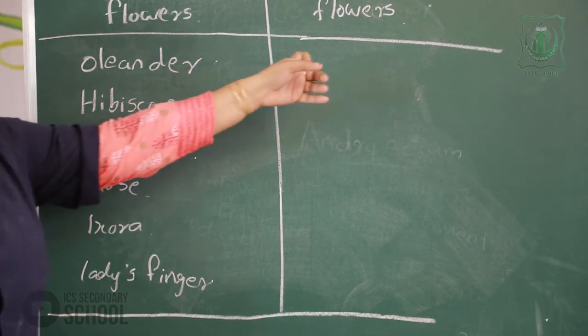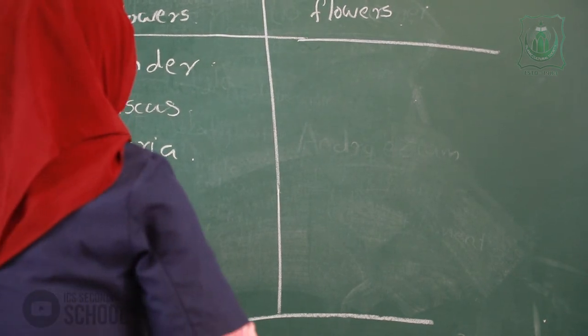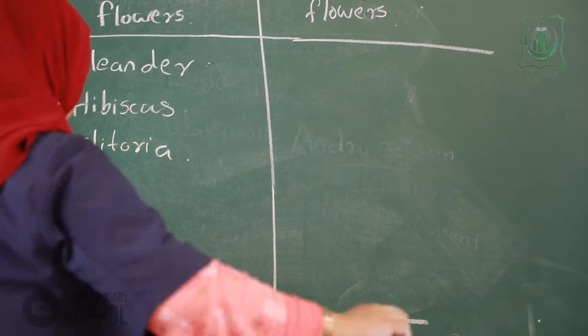Next, unisexual flowers. Androecium and gynoecium are in separate flowers. So, what are some examples?